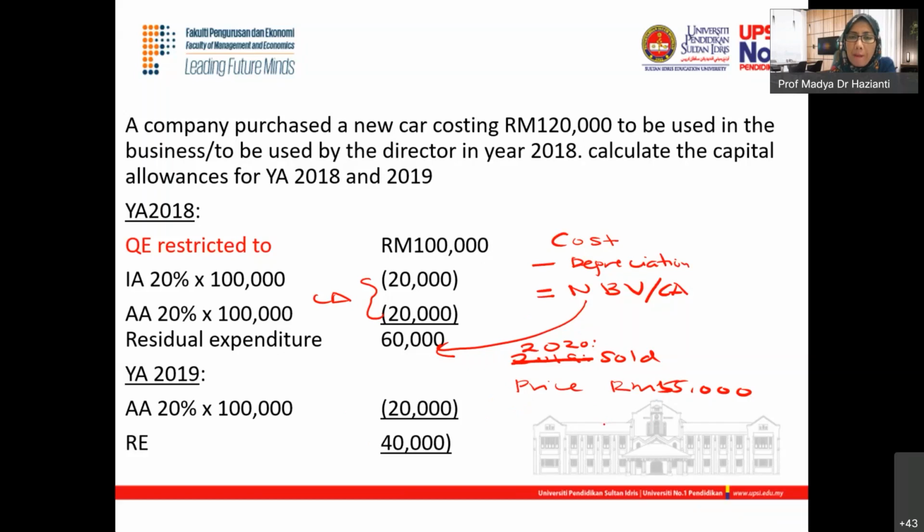Any figure? Dia jual for year 2020 ni, dia dapat annual allowance lagi tak? Can you compute balik macam ni tak untuk year 2020? Kira ke tak ni? Adam, what is your answer?